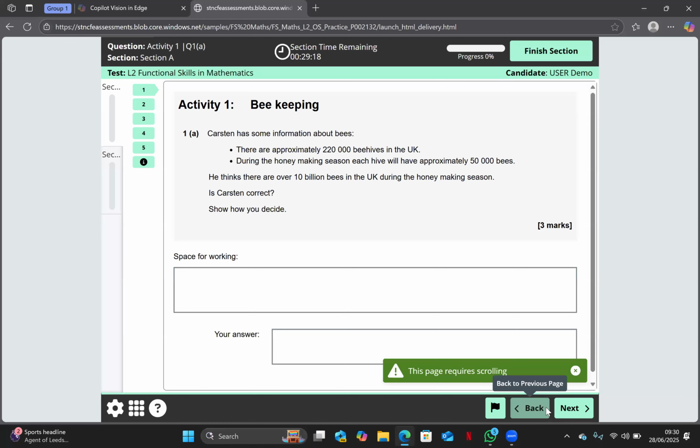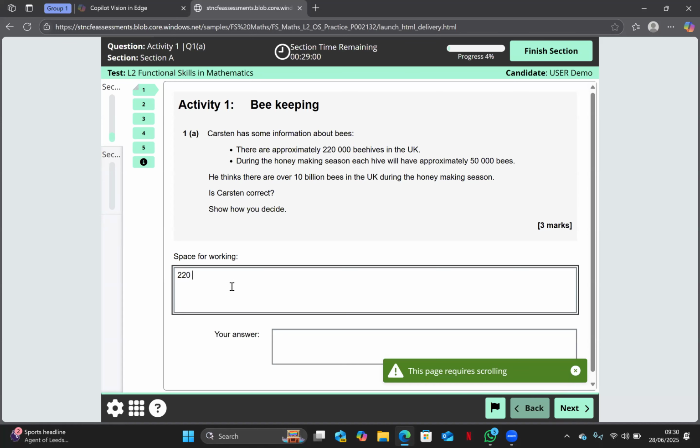So all we do here is, there are approximately 220,000 beehives in the UK. He said during the honey making season, each of these hives will have 50,000 bees. So all we would do here is multiply 220,000 by 50,000.